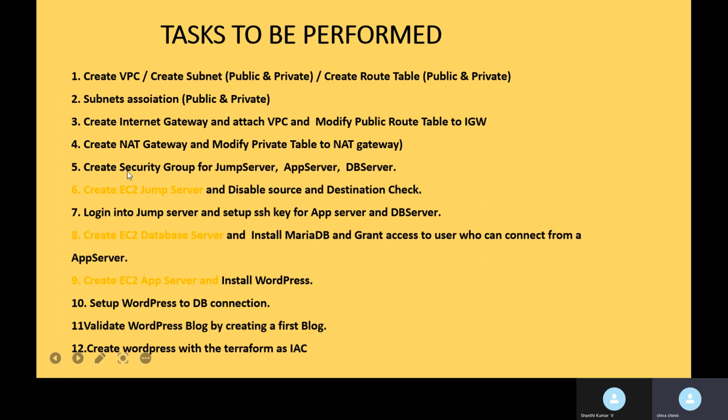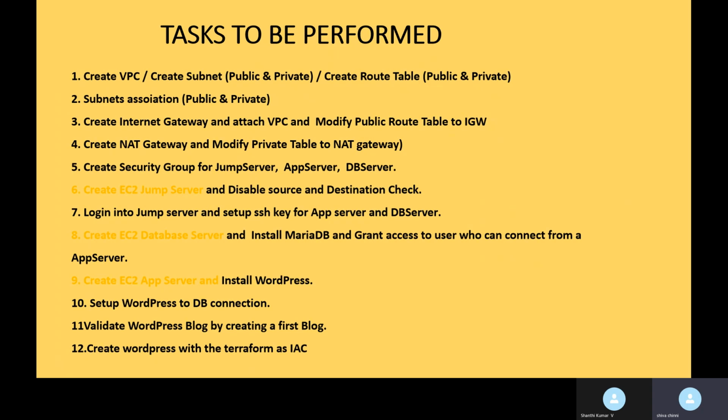Later we need to create security groups for the jump server, app server, and DB server. After creation of the security groups, we need to create one EC2 jump server and disable the source and destination check for security purposes. Then log into the jump server and set up the SSH key for login to the app server as well as the DB server.